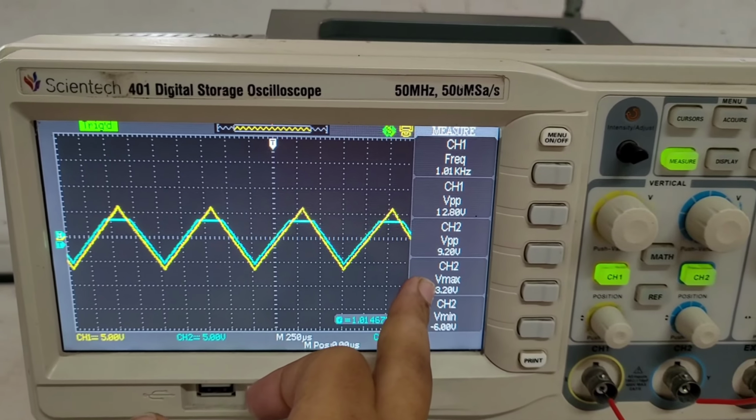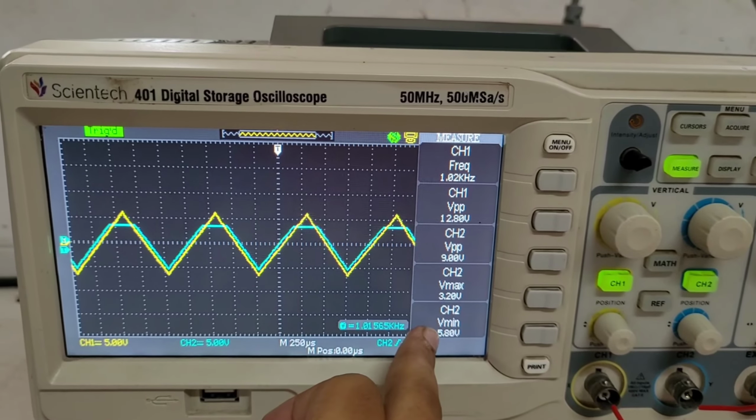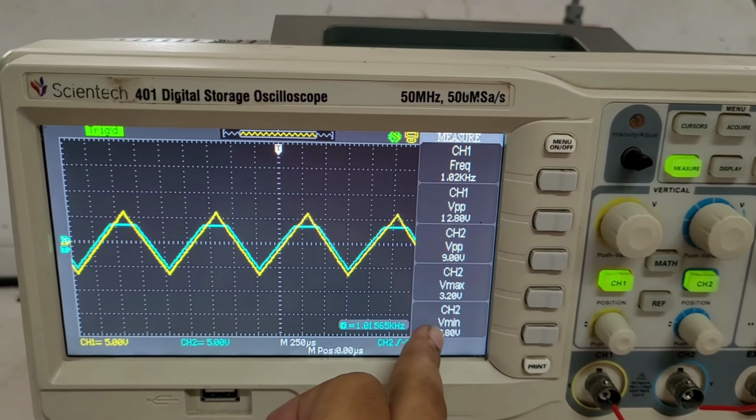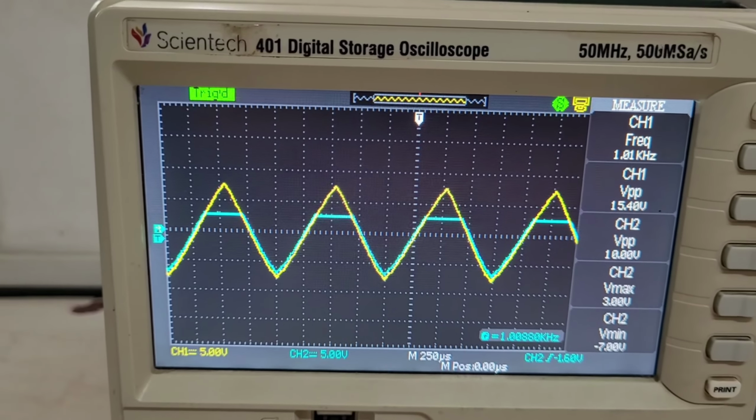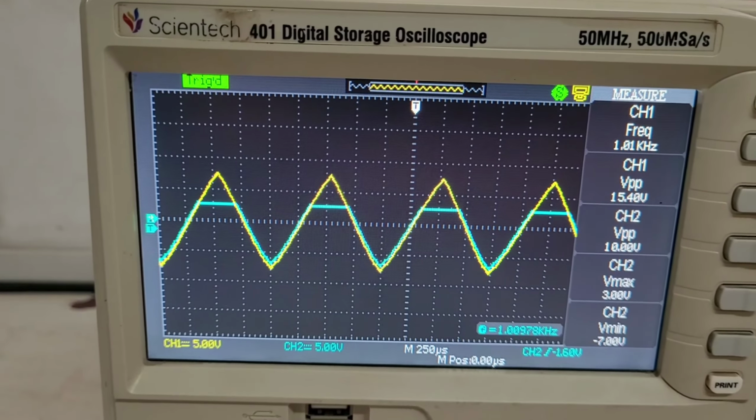The maximum voltage of channel 2 is 3 volt and the minimum is 7 volt. V minimum of channel 2, that is output, is 7 volt. So in this way, positive portion is clipping up to the positive bias voltage.